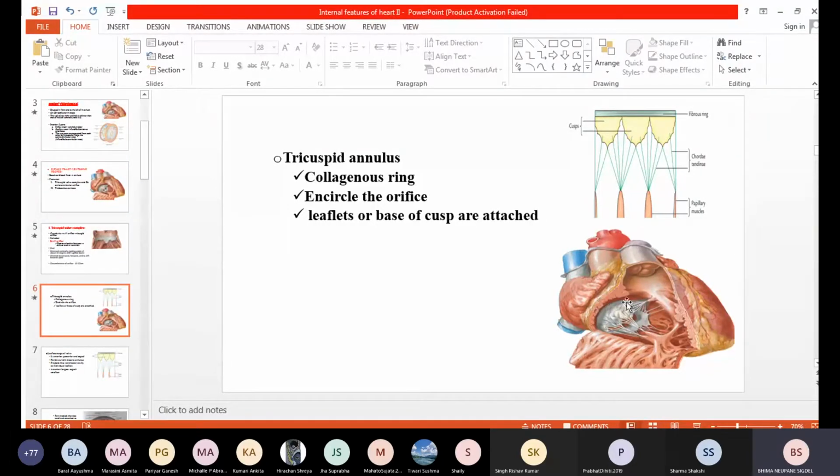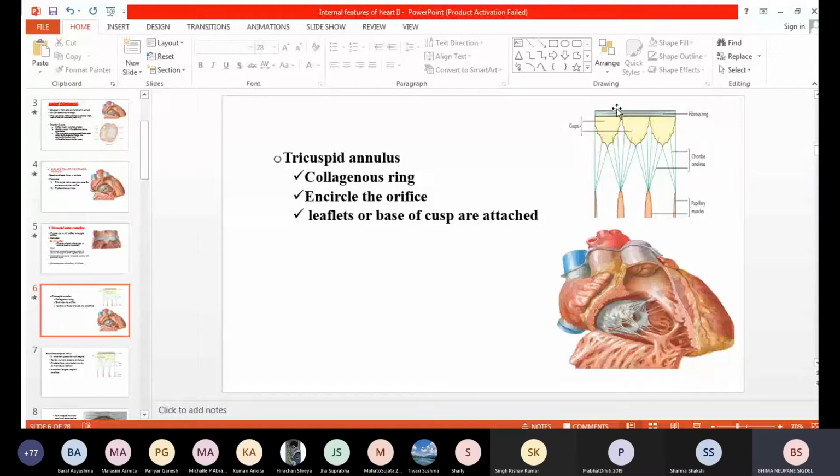This is the cusp or leaflet. This is the basal site of the leaflet, and you can see the apical region of the leaflet or cusp. So this is the fibrous annulus or tricuspid annulus, and the bases of the leaflets are attached to the tricuspid annulus.